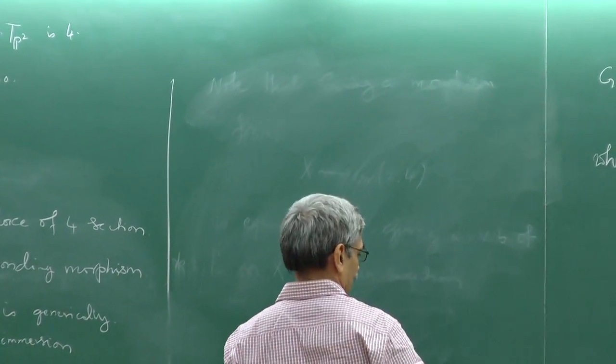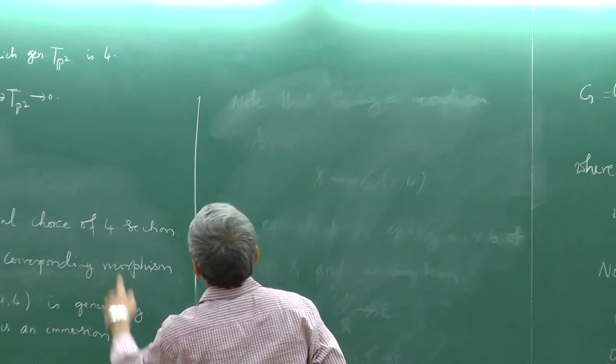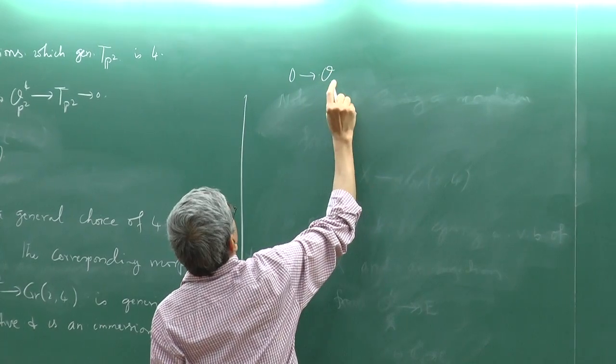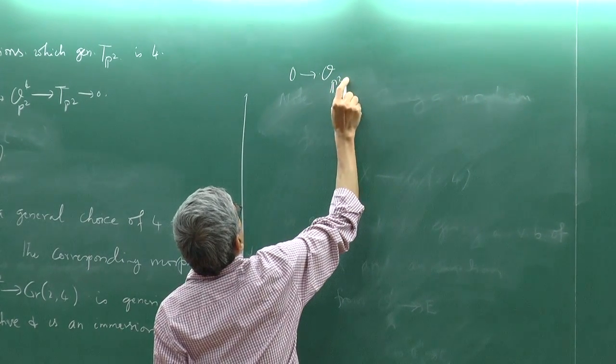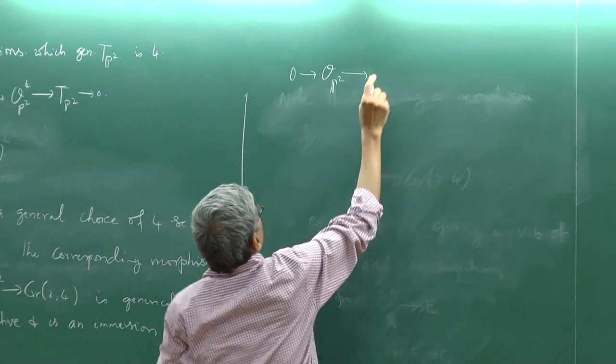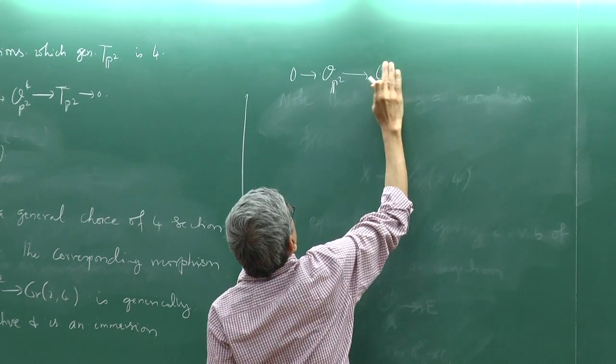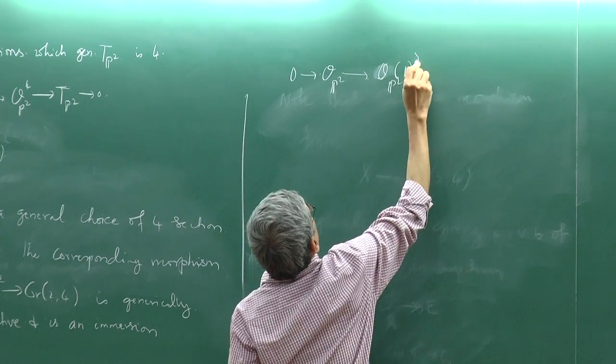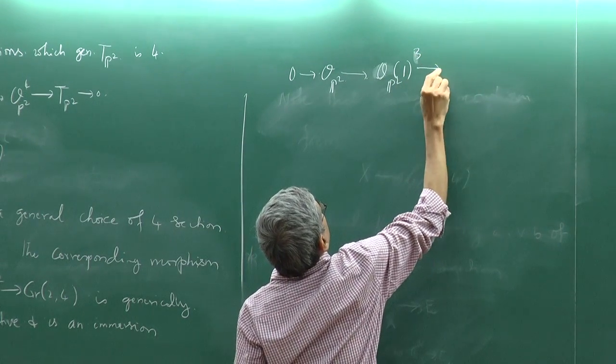So for that, we have to look at the sequence 0 to O P2, the Euler sequence, to TP2.